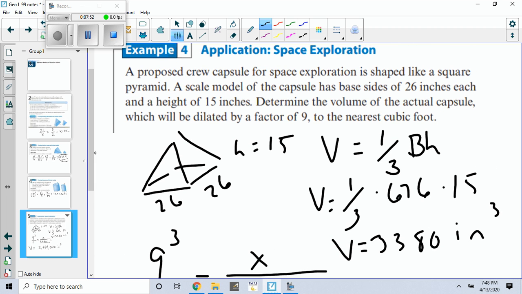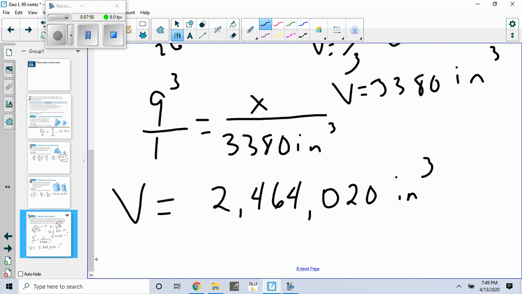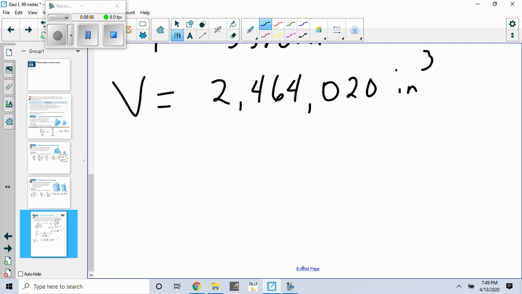But it wants our answer to the nearest cubic foot. So now you guys have to go back in your memory and figure out how to use a unit multiplier to convert inches cubed to feet cubed. This is something we learned in course 3.